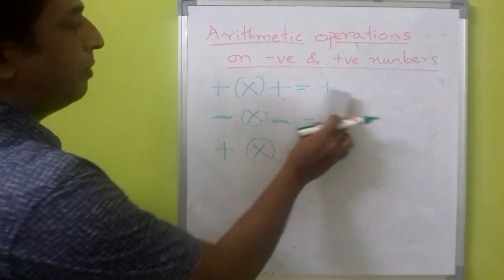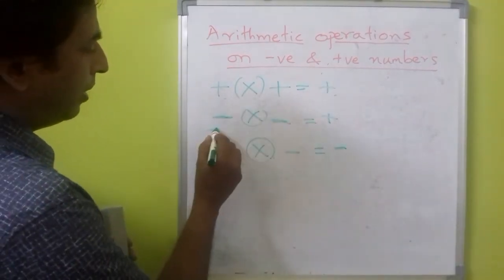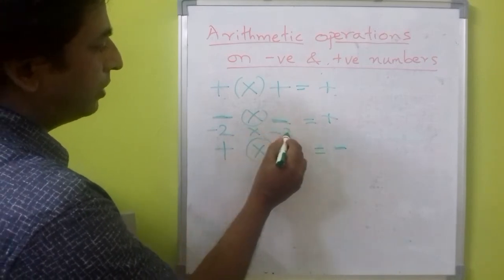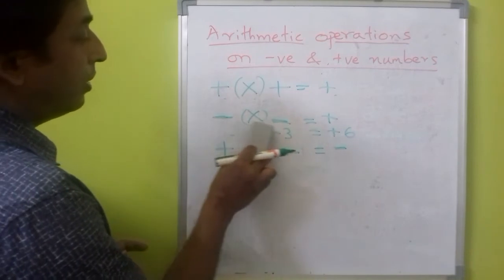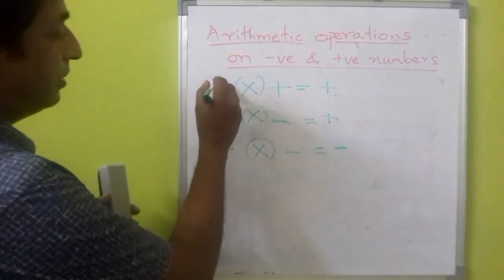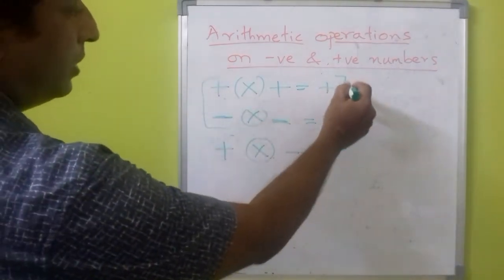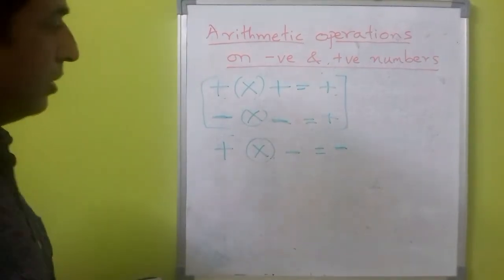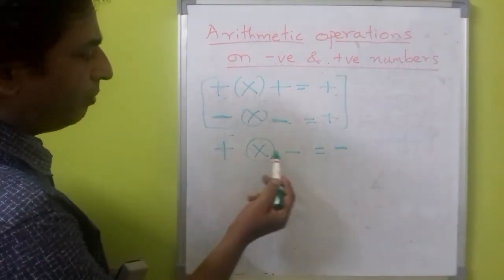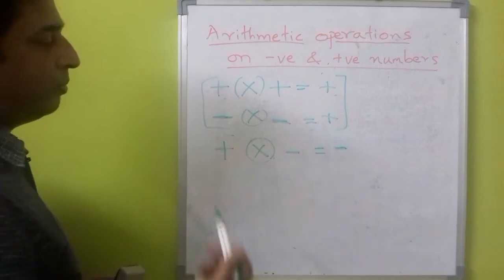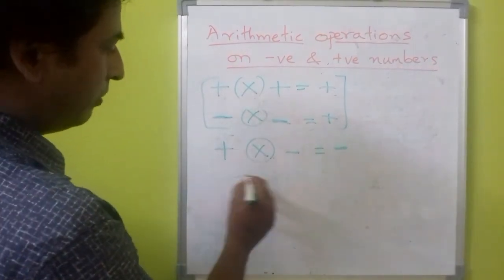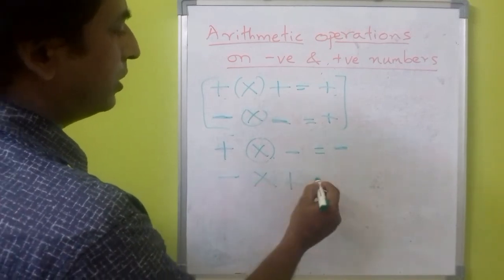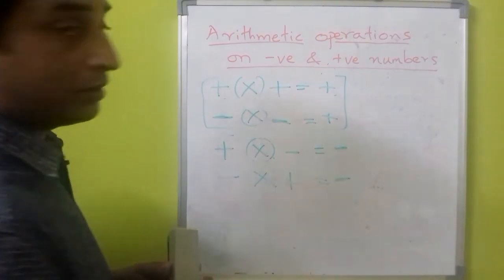Similarly, if you are multiplying negative 2 into negative 3, you will get positive 6. So when both the signs are the same, you will get a positive number as a result. And when one number is negative and another is positive, you will always get a negative number. Negative into positive is also the same, you will get negative as a result.